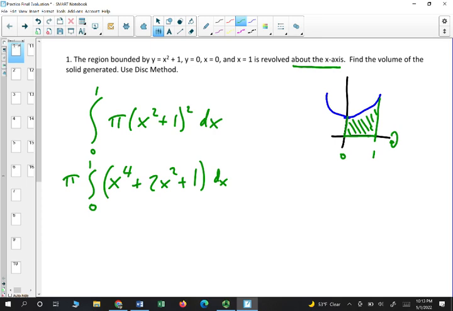And this we can integrate using our power rule term by term. So we'll have x to the fifth over 5 plus 2x cubed over 3 plus x.